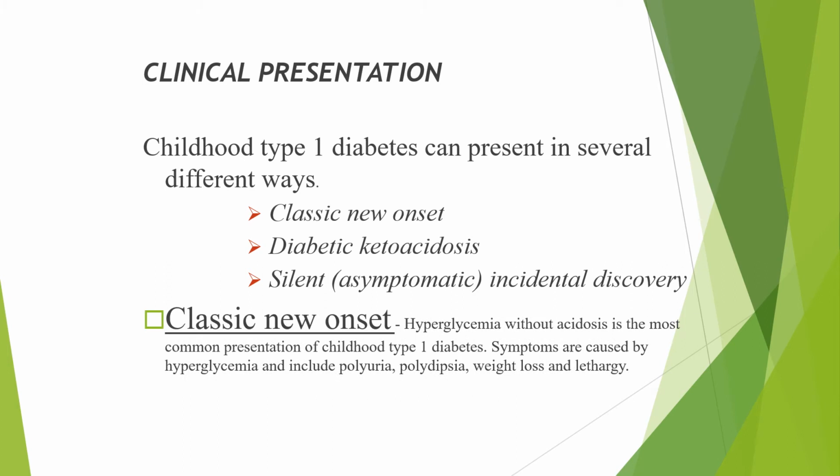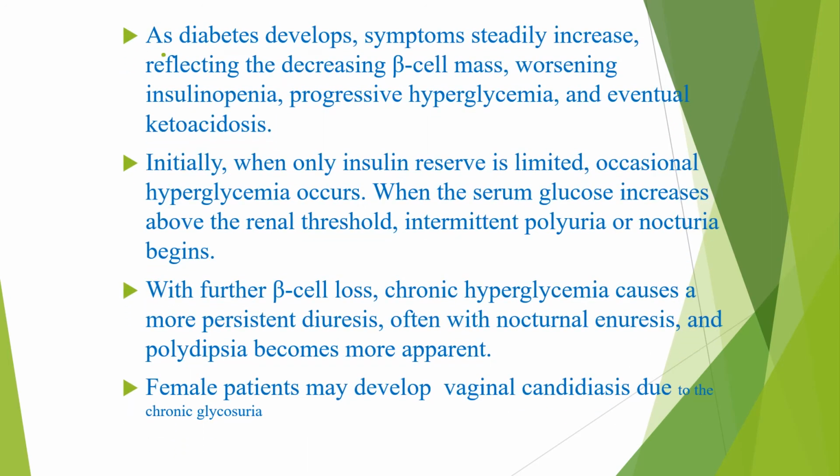Classic new onset DM is defined as hyperglycemia with or without acidosis. So hyperglycemia without acidosis is the most common presentation of childhood type 1 diabetes. And symptoms are caused by hyperglycemia, and it includes polyuria, polydipsia, weight loss, and lethargy. As diabetes develops, symptoms steadily increase, reflecting the decrease in beta cell mass, worsening insulinopenia, progressive hyperglycemia, and eventually ketoacidosis.